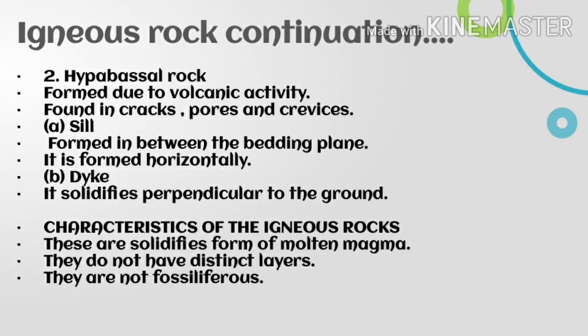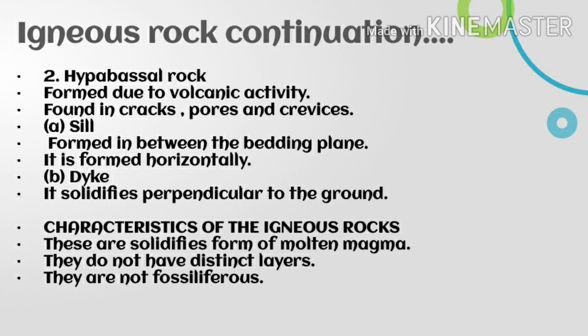The second type of intrusive igneous rock is the hypabyssal rock. Plutonic rock is found deep underneath the surface of the earth. Hypabyssal is formed closer to the surface of the earth. So it is formed due to volcanic activities.